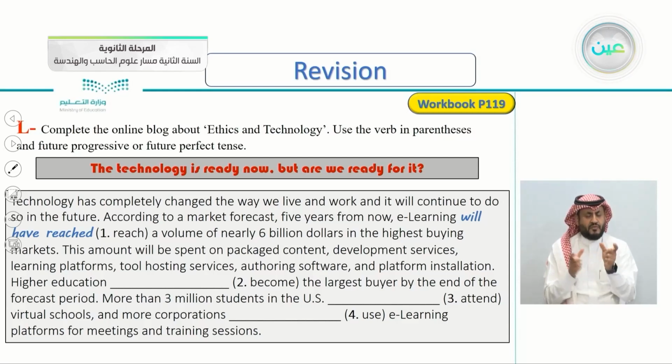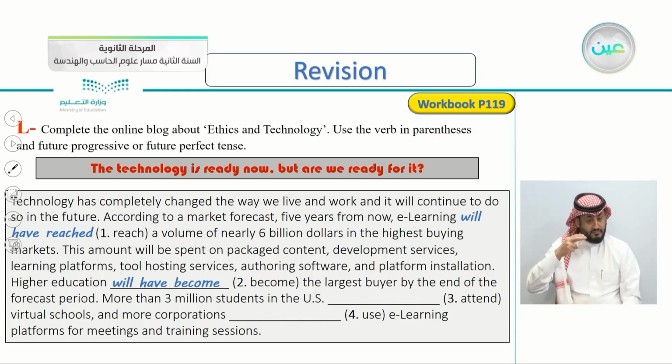And the verb here is become. So, do we use the future progressive, the future perfect? What to do here? So, let's see the correct answer here. Will have become. So, we use the future perfect. Will have become the largest buyer by the end of the forecast period.